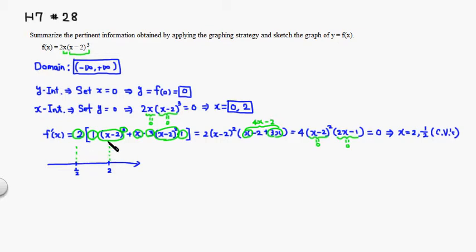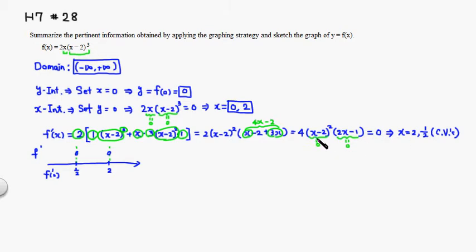All right, so we know that the first derivative f prime is going to be 0 at x equals 1/2 and 0 at x equals 2. All right, so let's determine, on this interval, any number less than 1/2. So let's try 0. So f prime of 0.